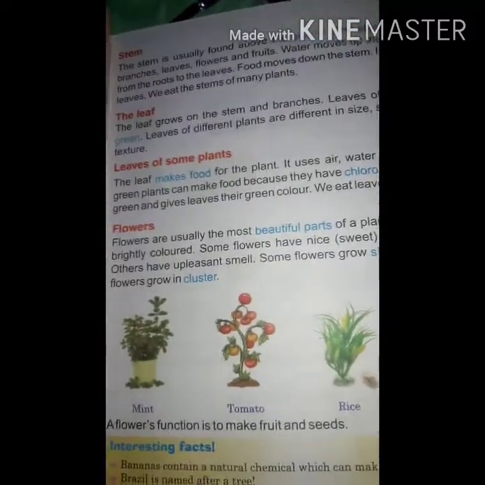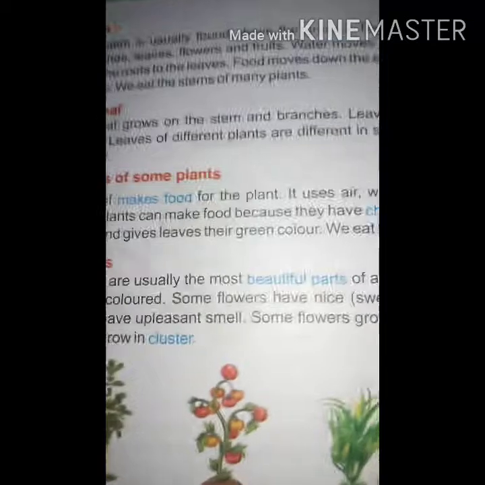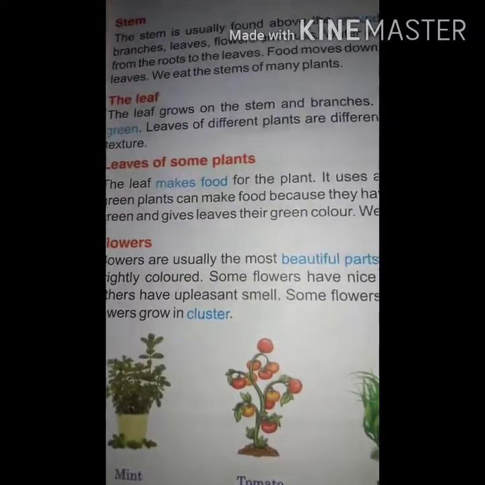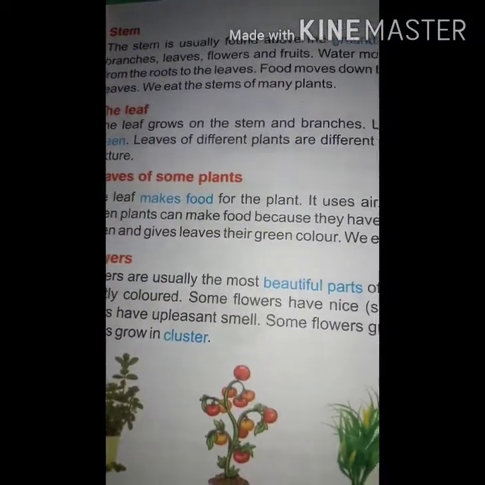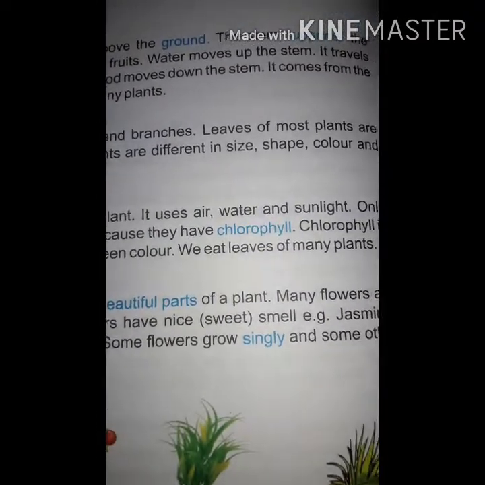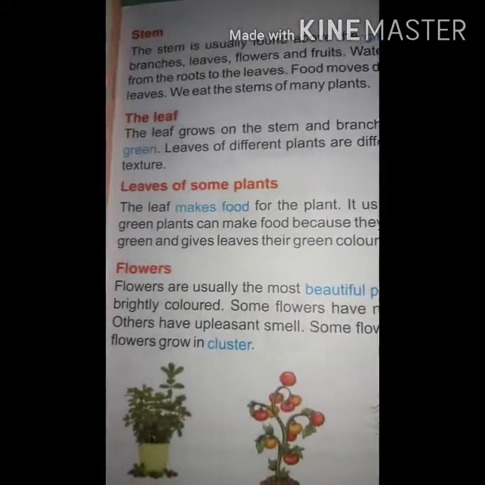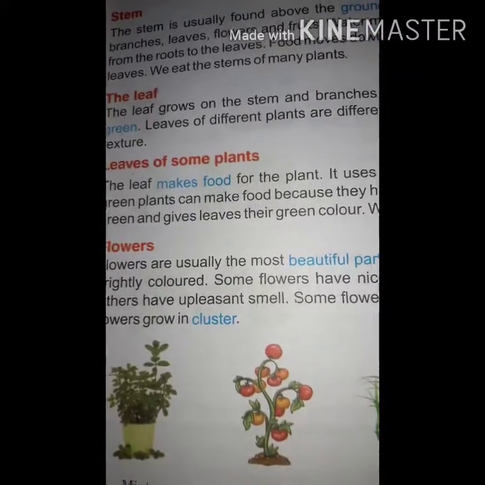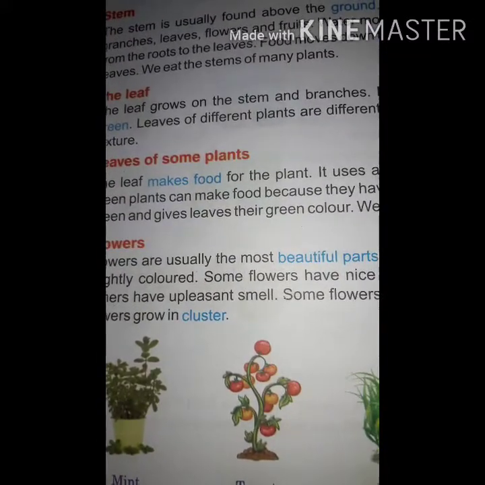The next topic is stem. The stem is usually found above the ground. The stem supports the branches, leaves, flowers and fruits.